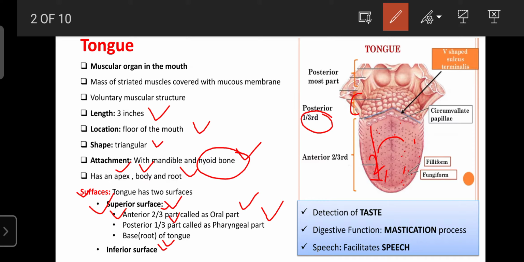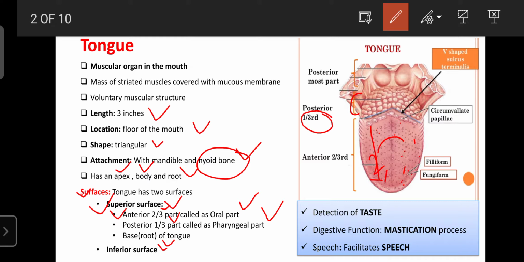And the posterior part consists of lymphatic nodules. Those play an important role in the defense mechanism. Due to the presence of the lymphatic nodules, various defense cells like T lymphocytes as well as B lymphocytes are present. And those nodules release those lymphocytes during digestion when microorganisms present in the food are ingested in the oral cavity.